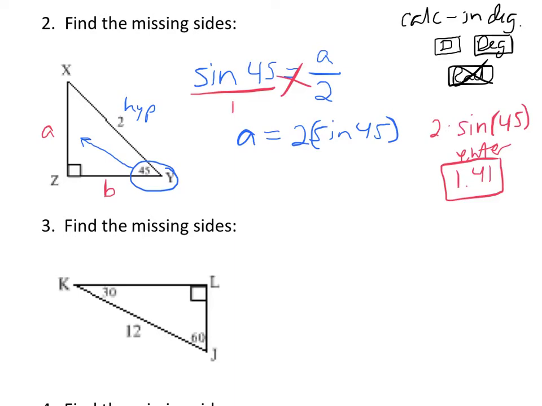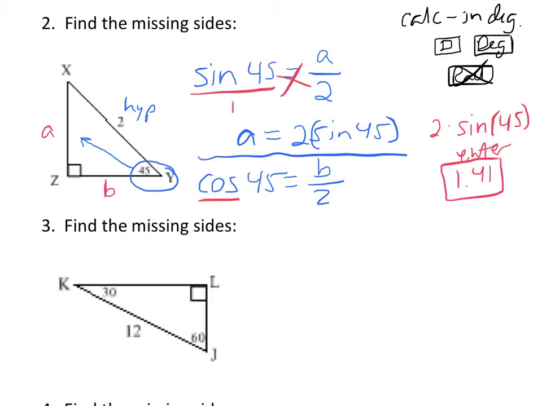Our next part here is to find B. I can still look from Y, but I can't use sine because sine uses the opposite side. But cosine is adjacent over hypotenuse, and adjacent is B to angle Y, and again the hypotenuse is 2.